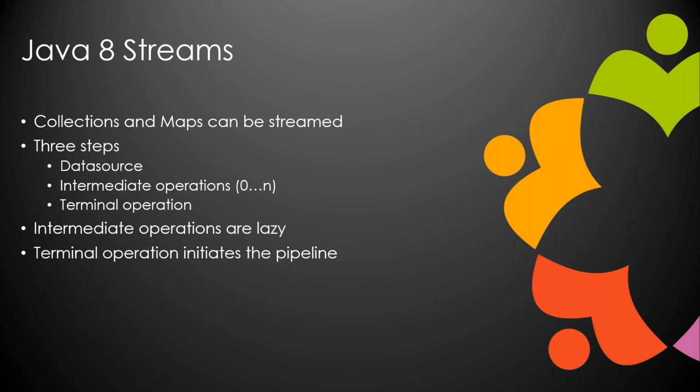When you're wanting to process a collection or map, you can do that for each. You can iterate through the collection or map and do things, but Java 8 added streams, and really these are the thing to use. There are 3 steps with the stream: a data source, then 0 or more intermediate operations, and a terminal operation.